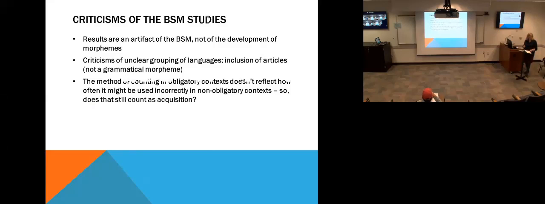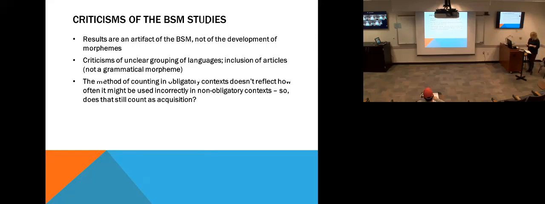The reason it's the same for everybody is because it's an artifact of the test, as opposed to an artifact of the way that we learn language. If you have any interest in looking in more detail at these criticisms, they give you plenty of suggested reading. I'm not going to go through in any more detail than they do.